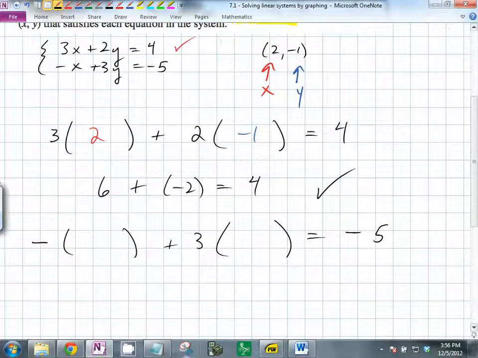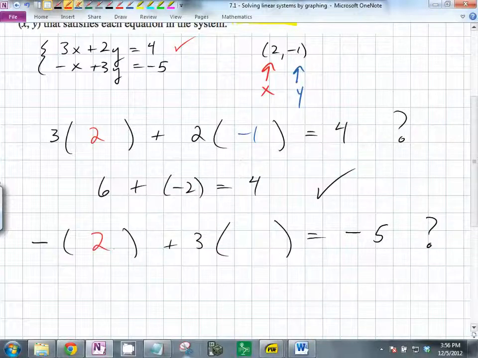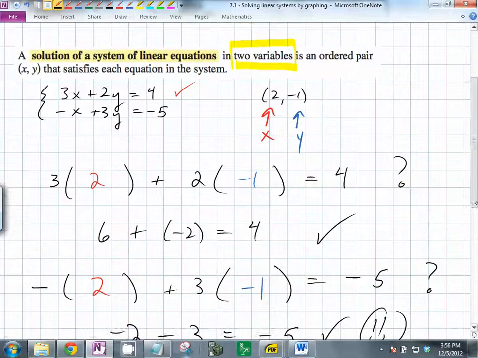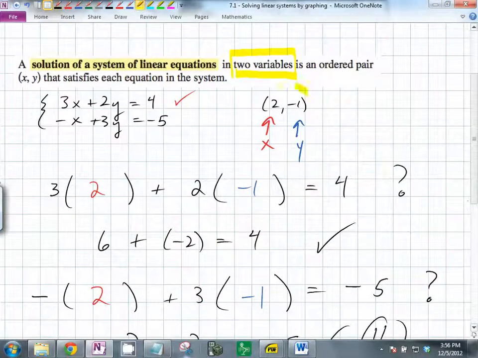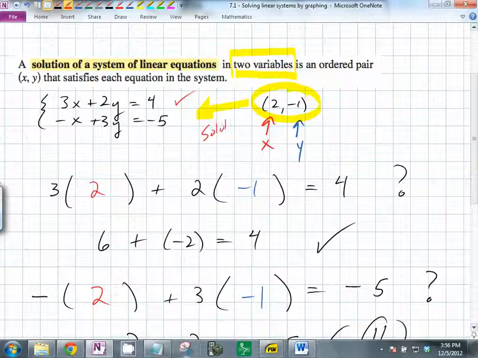We plug in 2 right here, and negative 1 right here, and we end up with negative 2 minus 3, and that indeed equals negative 5. So what have we done? We have verified that 2, negative 1 is a solution to that system of linear equations.